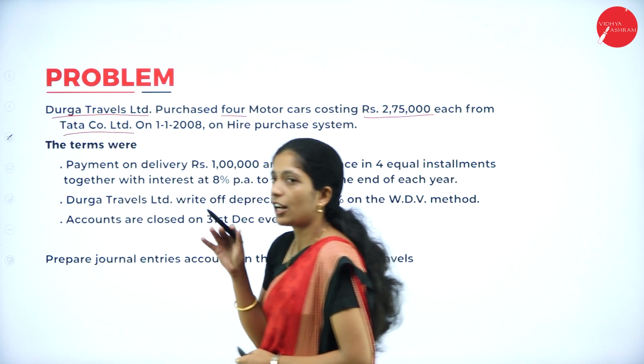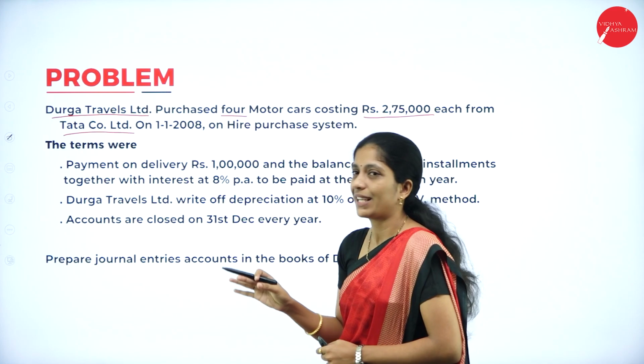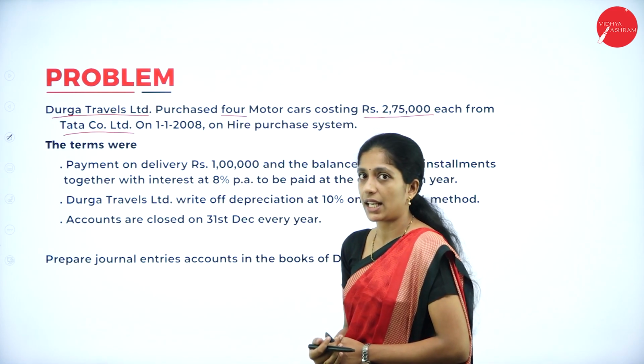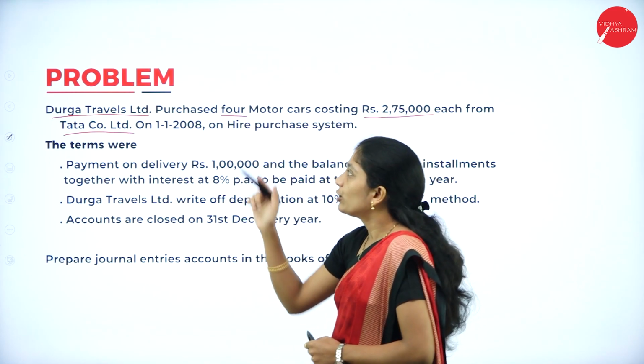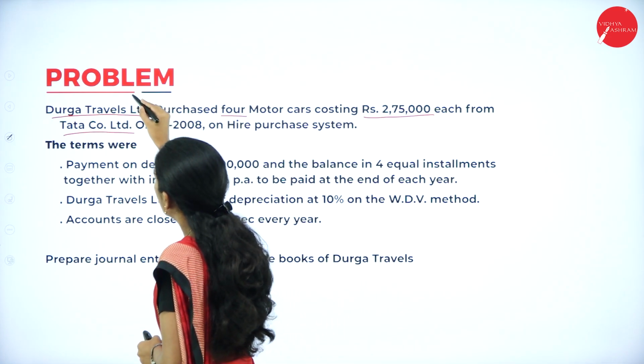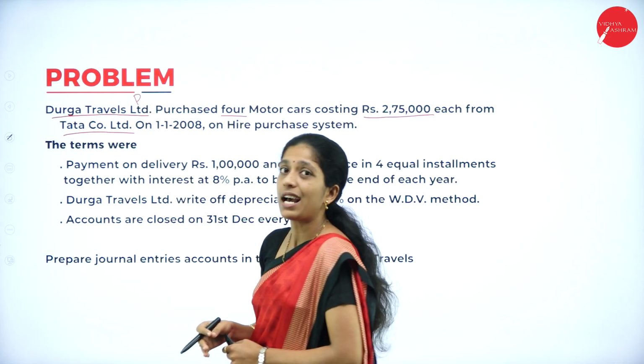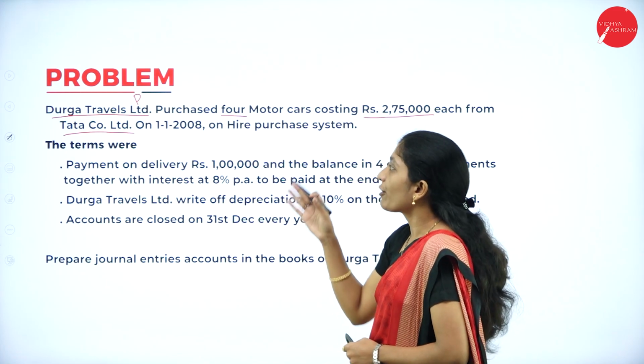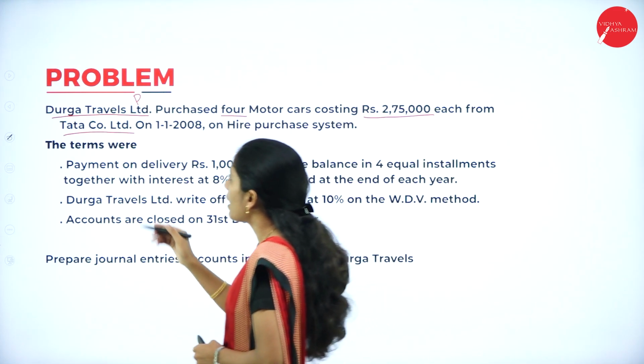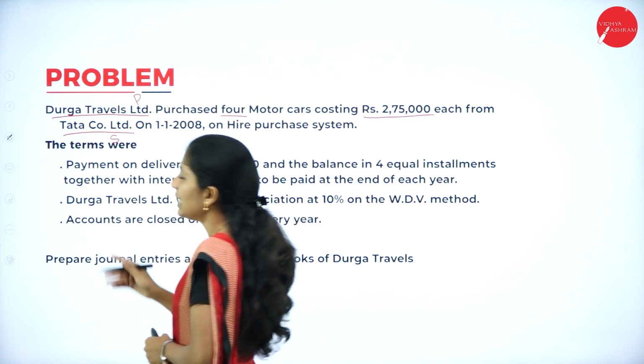So here there are 2 parties, Durga Travels Limited and Tata Company Limited. Now, who purchased the car? Durga Travels Limited. So here Durga Travels Limited is the hire purchaser. Then from whom did they purchase? From Tata Company Limited. So they are the hire seller.